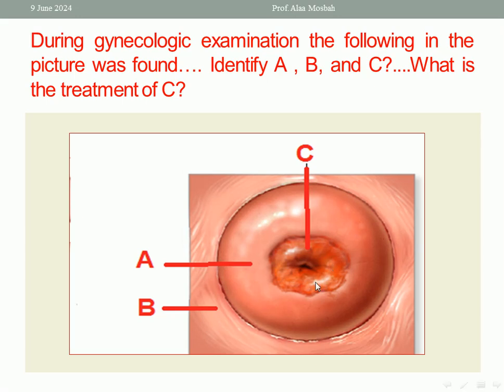So due to the hormonal effect of oral pills or injectables, or the hormonal effect of pregnancy or the adolescent phase, cervical ectopy or ectropion can happen. Okay? So if it is asymptomatic, it needs no treatment. But if the patient is symptomatic and the cause is hormonal pills, try to stop this method of contraception and replace it with a non-hormonal one. Okay?